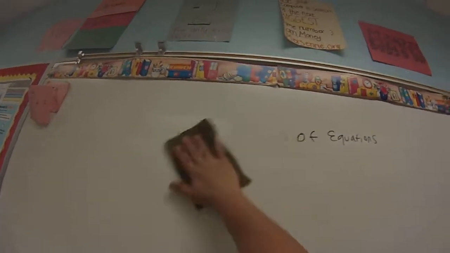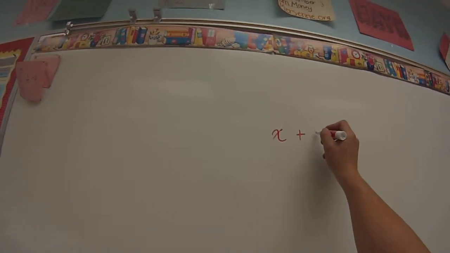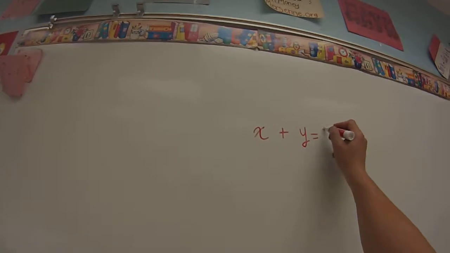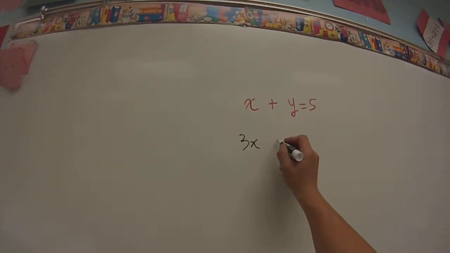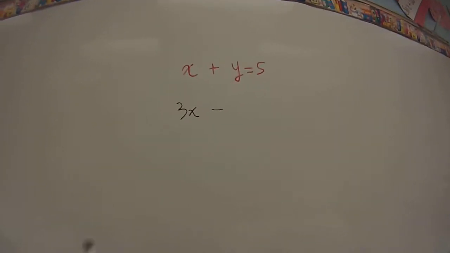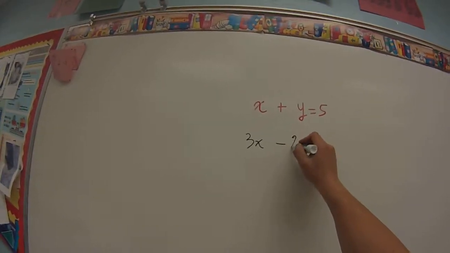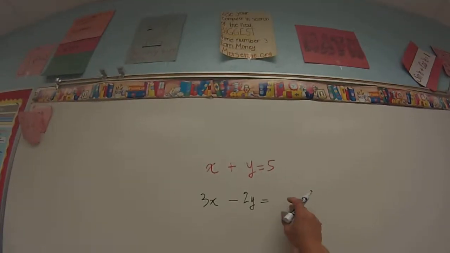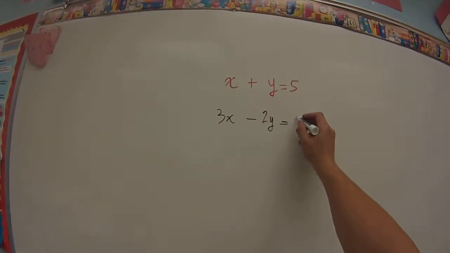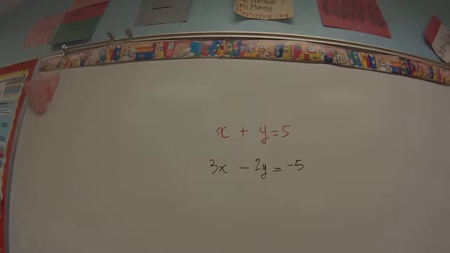So let's go ahead and make up a system of equations right now. Remember, a system of equations is two or more equations. For example, let's say we have x plus y equals 5, and here we have 3x minus 2y equals negative 5.